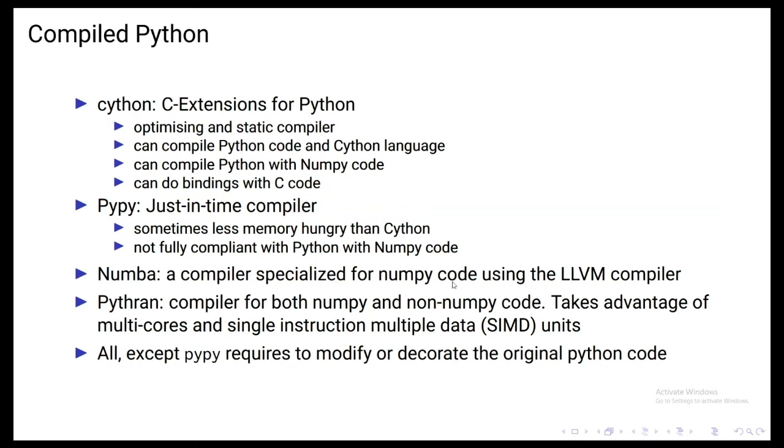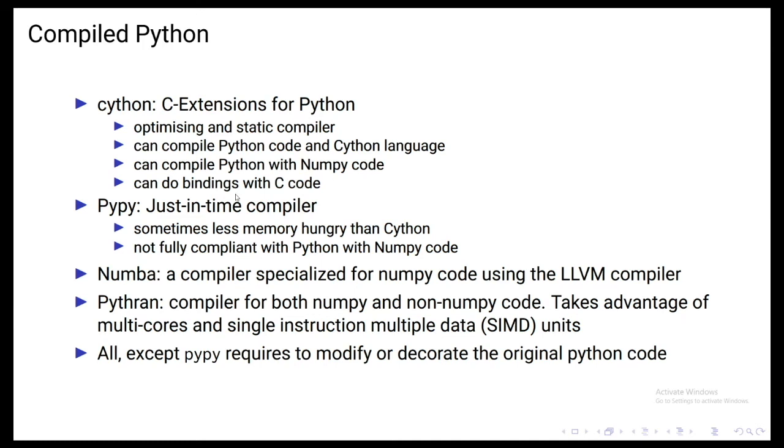And so here we have some kind of summary. I think some of the things I already mentioned as we were going through them. So as I say, Cython can deal, inside a Cython code, with NumPy code.